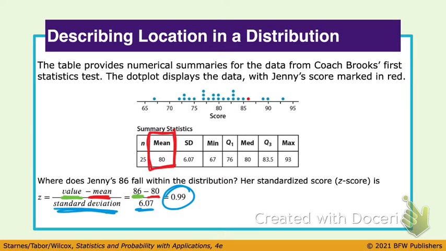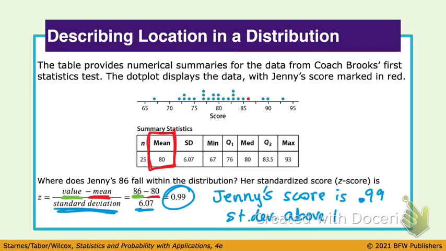So what does that mean? That means Jenny's score is 0.99 standard deviations above the mean. That's almost a full standard deviation.